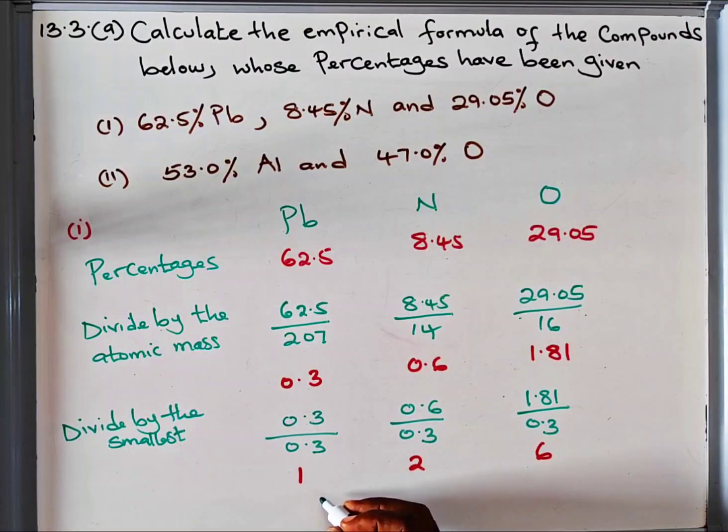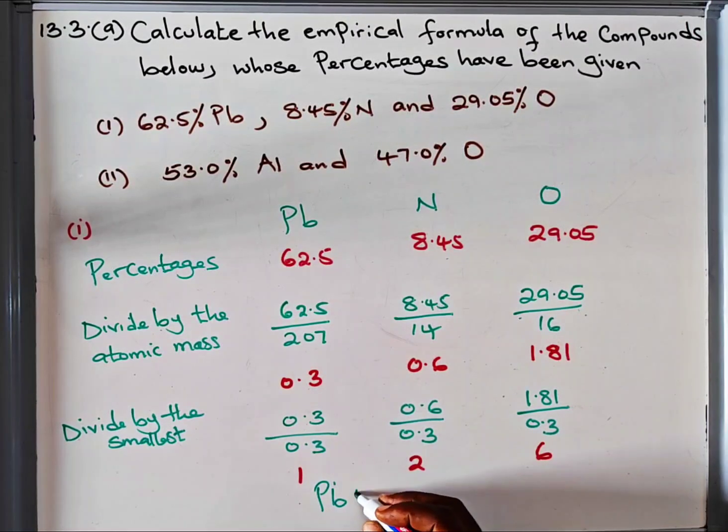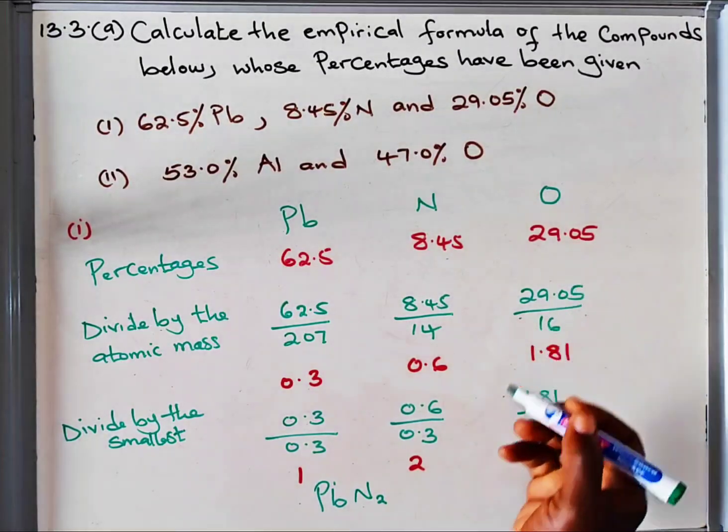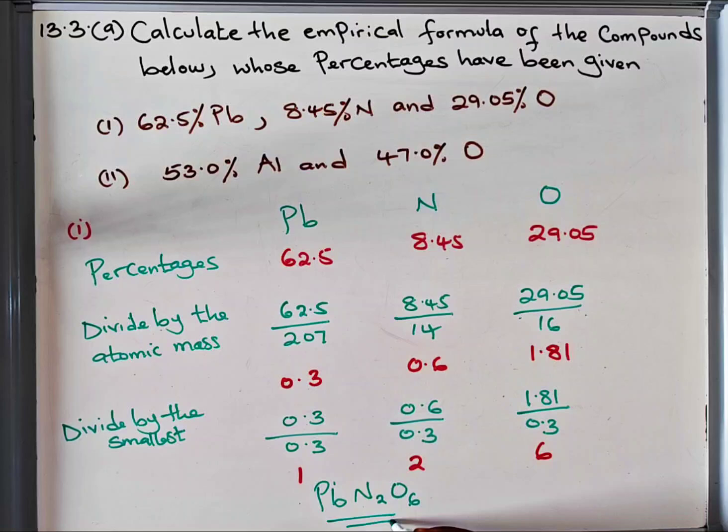We know that lead, which is Pb, is 1, and nitrogen, which is N, is 2, and oxygen, which is O, is 6. This is what we have.